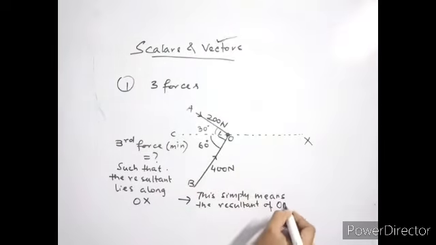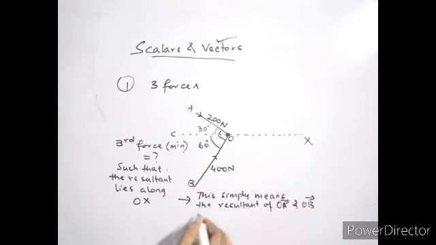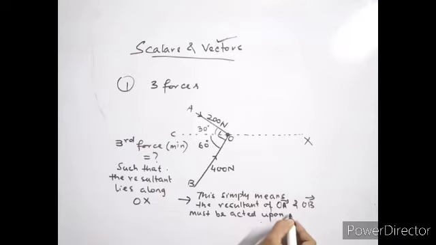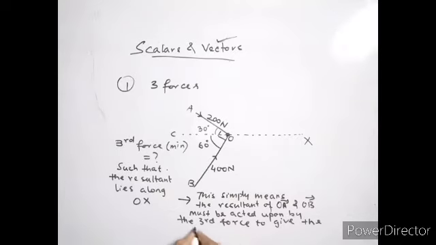Now this simply means that the resultant of OA vector and OB vector, they will obviously have a resultant, so that resultant must be acted upon by the third vector, the third force, right, such that the resultant is to be given along the line OX, along the horizontal line OX, the final vector, that is.